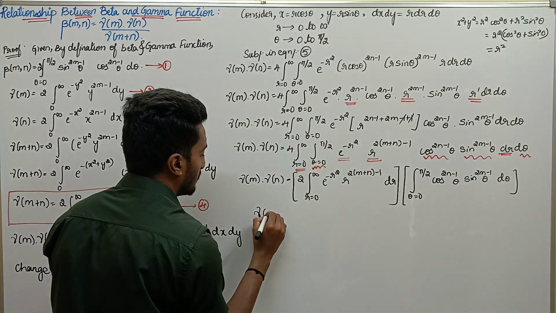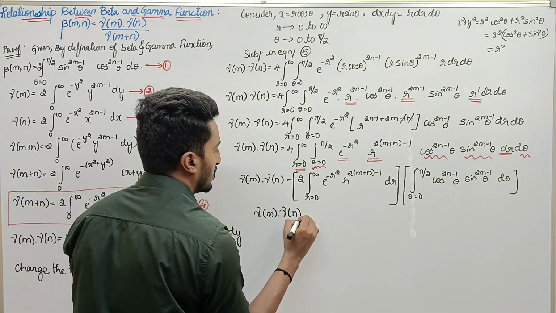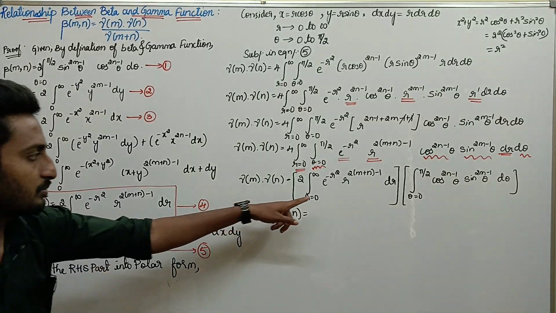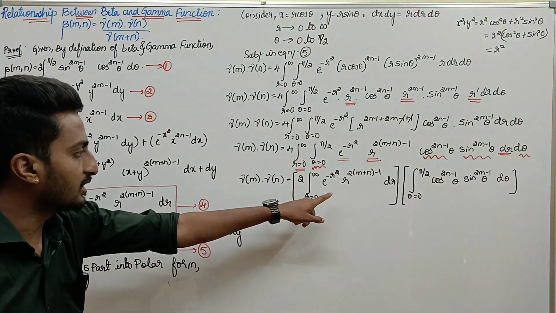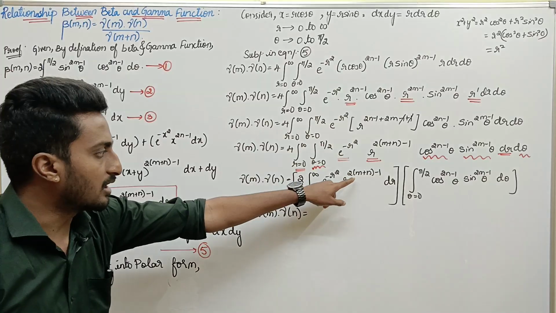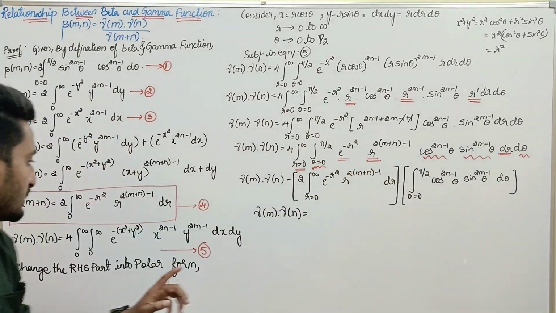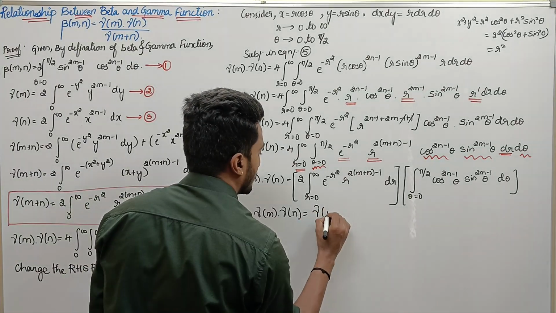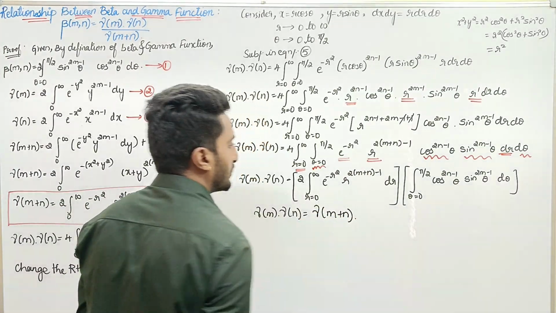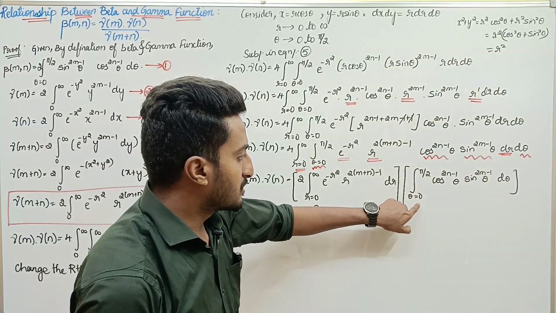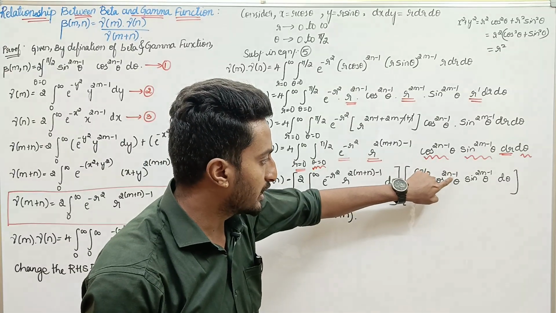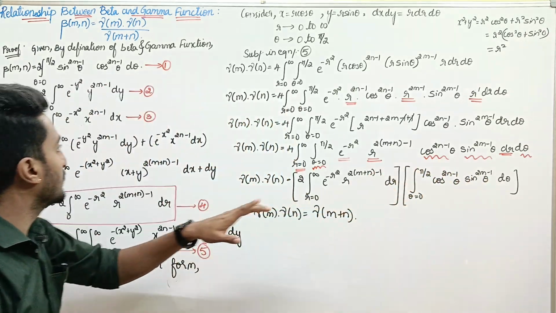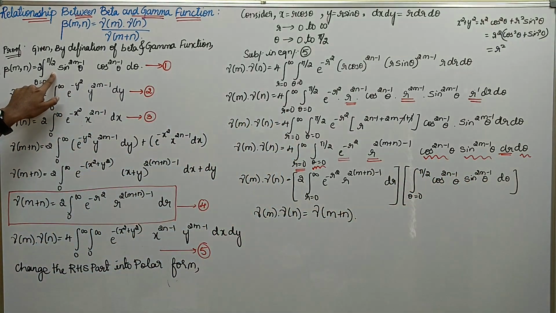Gamma of m into gamma of n. See this 2 into integral 0 to infinity e to the power of minus r square r to the power of 2m plus n minus 1 dr can be written as equation number 4, that is gamma of m plus n. And 2 into integral theta varies from 0 to pi by 2 cos 2n minus 1 theta into sin 2m minus 1 theta d theta can be written as the beta of m comma n.